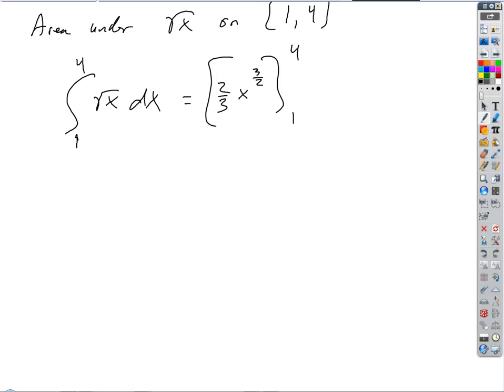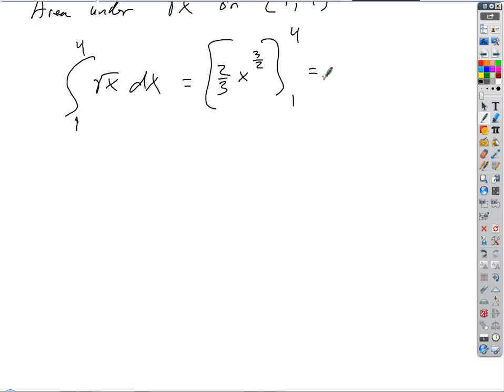Our answer is going to look like, we'll maybe even simplify this more in a second, 2/3 times 4 to the 3/2 minus 2/3 times 1 to the 3/2, right? Make sense? Okay, so what's 4 to the 3/2? 8. 4 to the 1/2 is 2, cubed is 8, right?